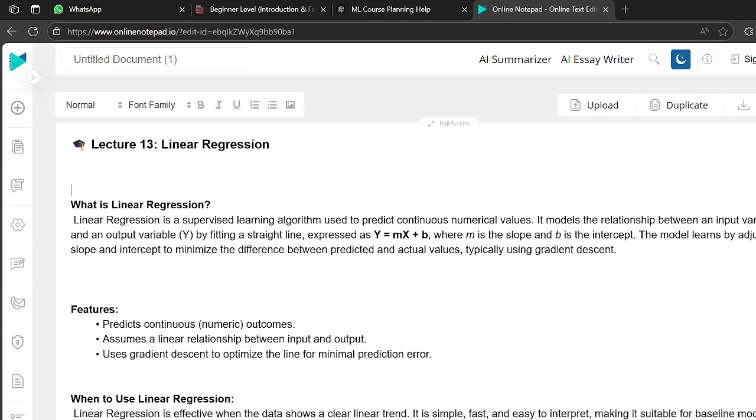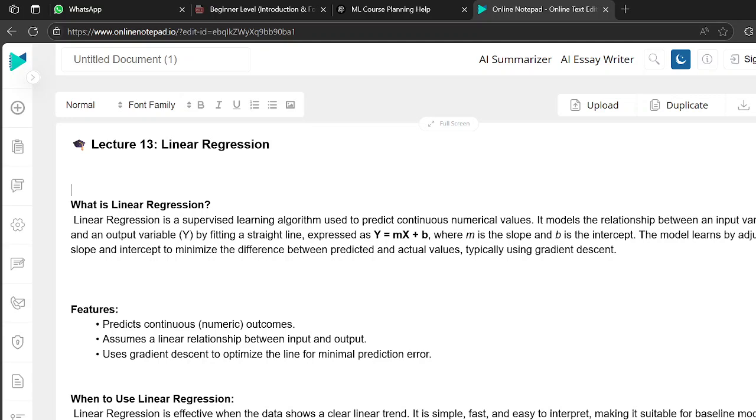As you can see, y is a dependent variable here, and it's dependent on the value of x, whereas x is an independent variable. Here m is the slope and b is the intercept.